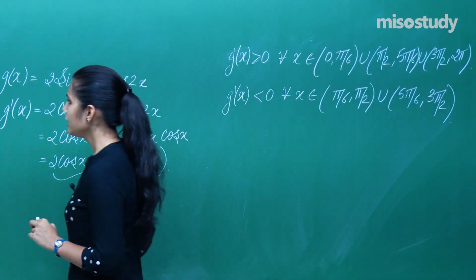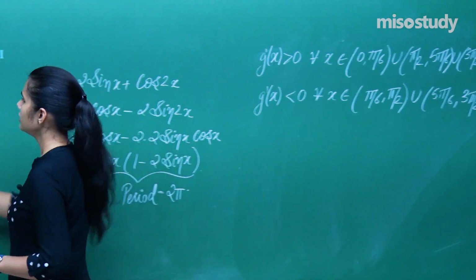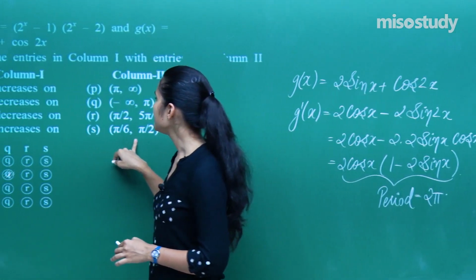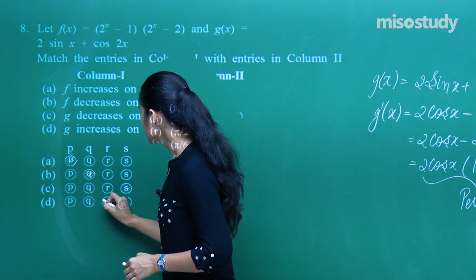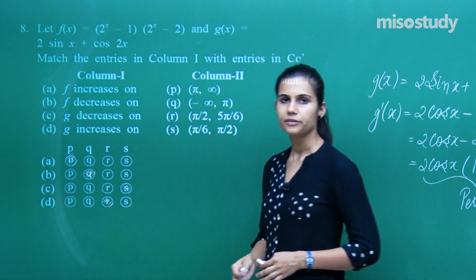So now I know it increases in R and decreases in S. So C gets mapped to S and D gets mapped to R.